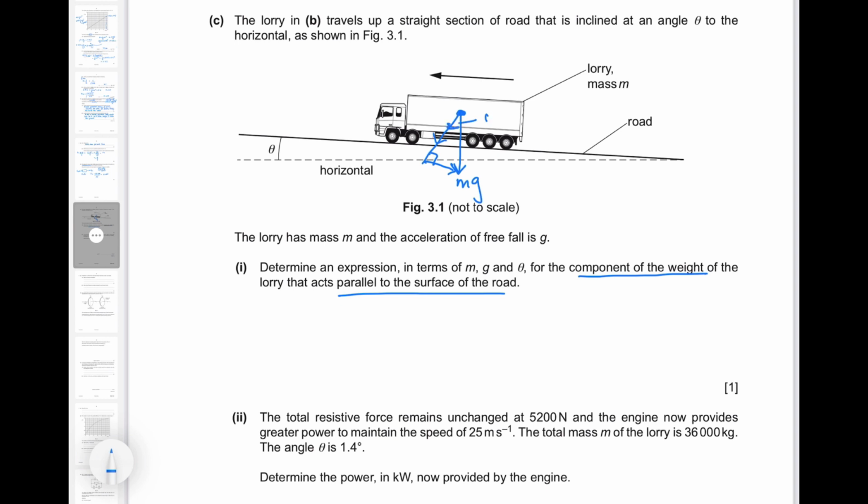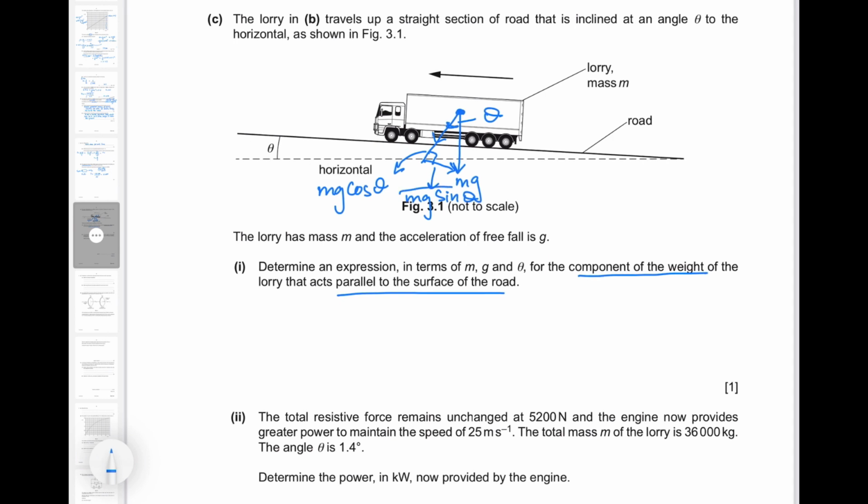Here you would have theta, and this side would be mg cosine theta, and this side would be mg sine theta. The component which acts parallel to the surface of the road is mg sine theta, because as you can see, this is the road and this would be the component.